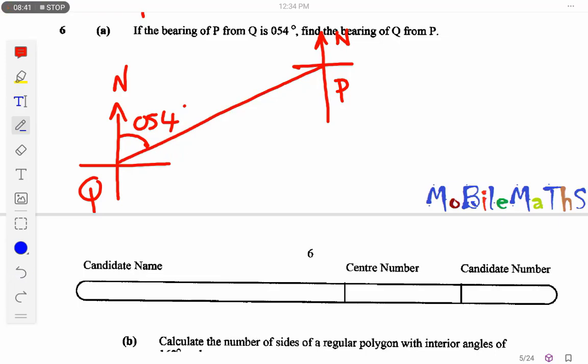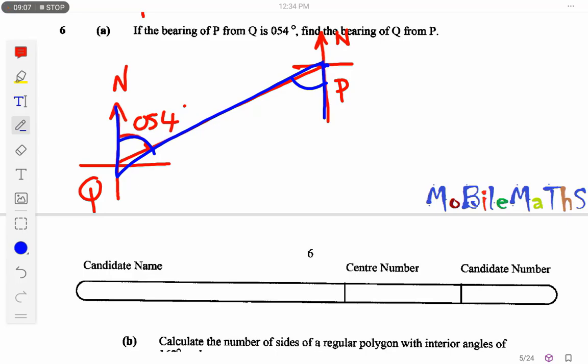Now let's answer the question. What is it asking? Find the bearing of Q from P. Now we are at P and we want to find the bearing of Q. You are now moving from your north going to that point again, like that. You have to take note that this is a Z angle here, so this angle is equal to that angle.